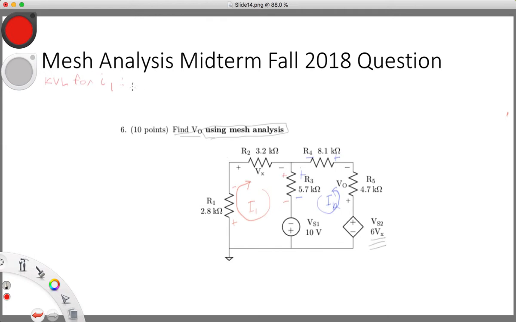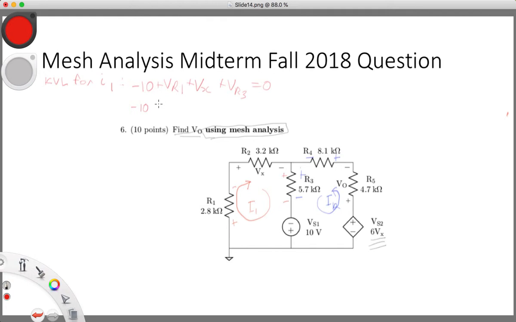It's got minus 10 volts plus VR1 plus VR2, which is Vx, plus VR3 equals 0.